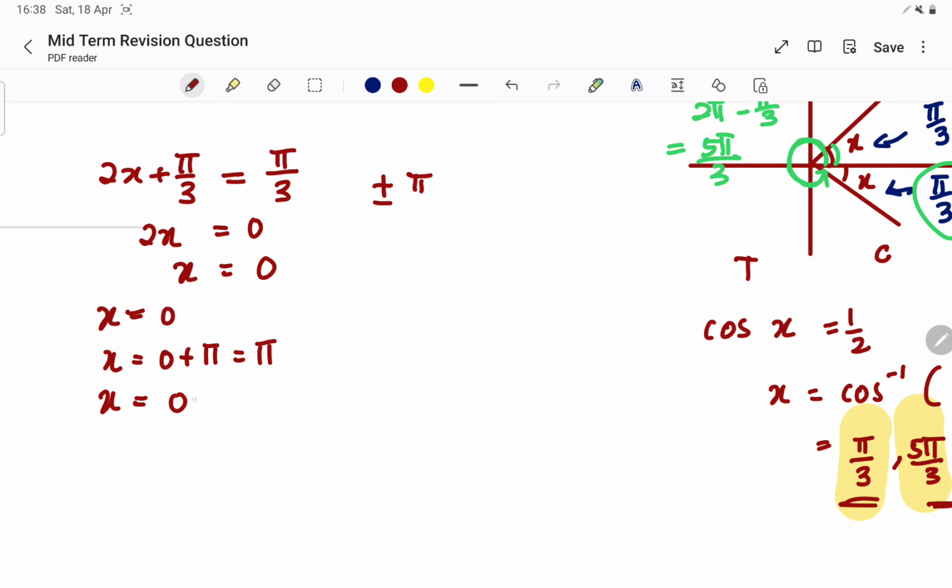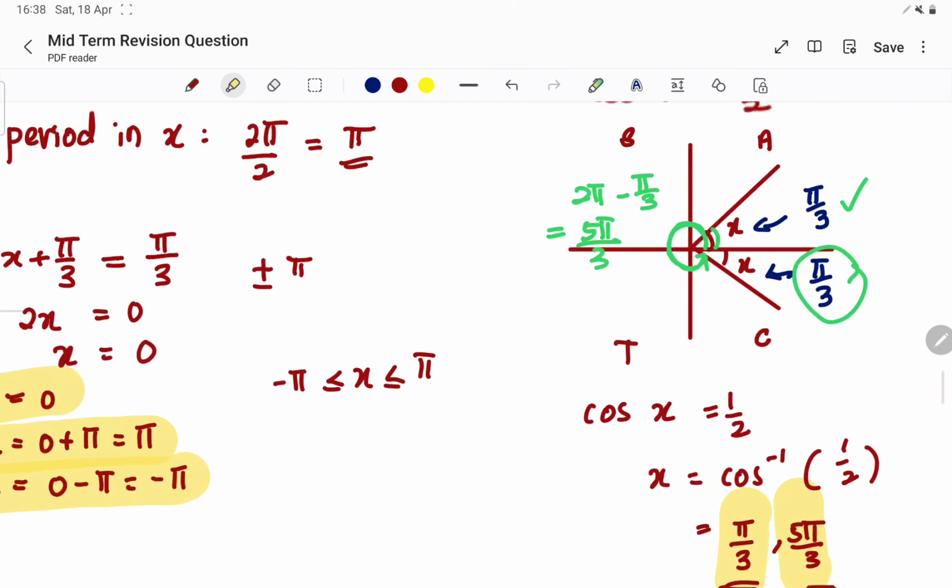Another one is 0 minus pi, where you have negative pi. Since your interval is negative pi until pi, these values of x we can accept because they are still under this interval. Pi is still under negative pi until pi, and negative pi is also under this interval. So we accept these three values of x.